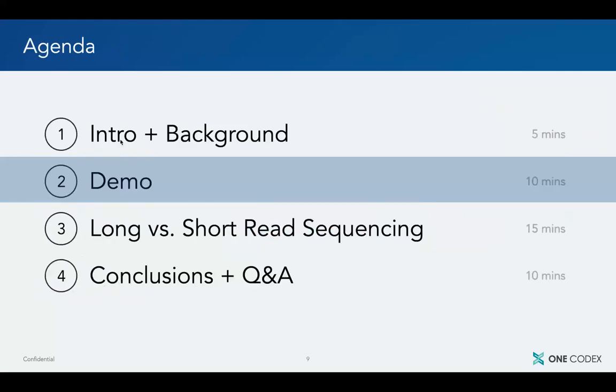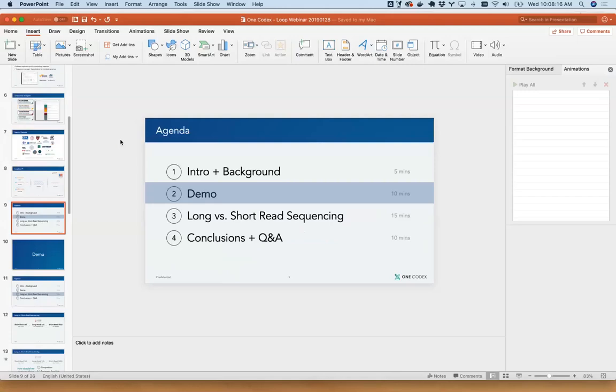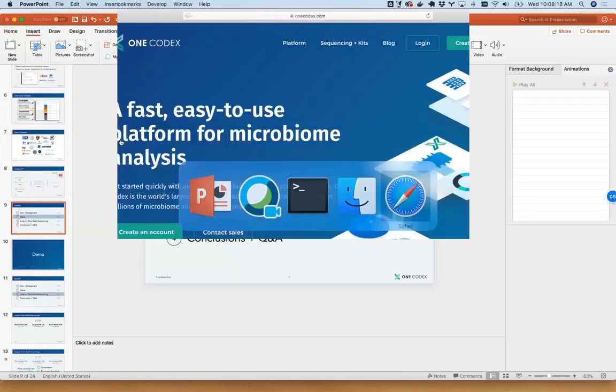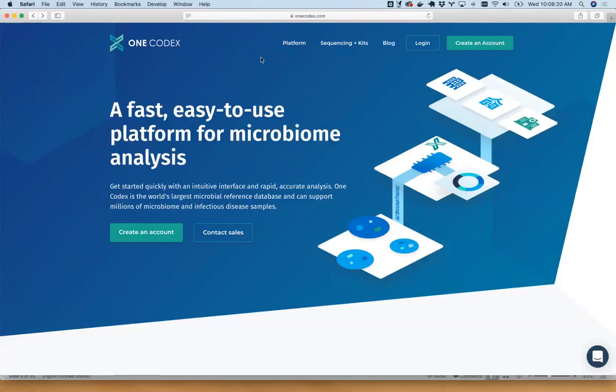So with that little bit of background on LoopSeq, the LoopSeq 16S kit and their technology, and a little bit of background about One Codex and who we are, what I'd love to do now is step out of this PowerPoint presentation and step over to a live demo of our platform.